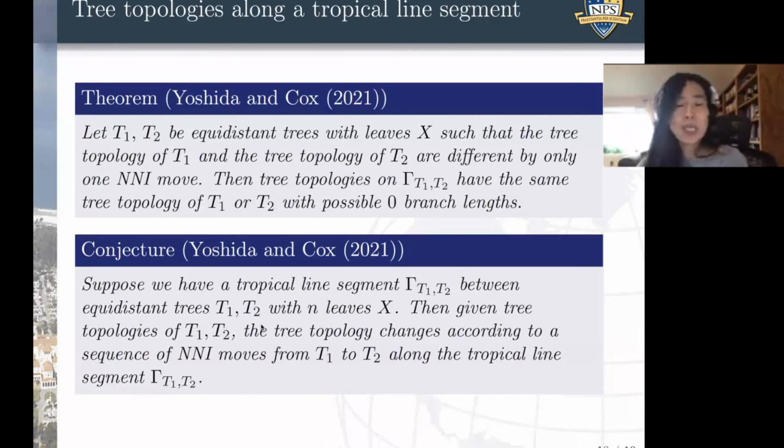But if you have some idea, or your students or someone who is interested, please let me know. I think this is the most basic question for developing statistical learning models over the space of phylogenetic trees. Until we understand how tree topology changes, it's harder to interpret the output.